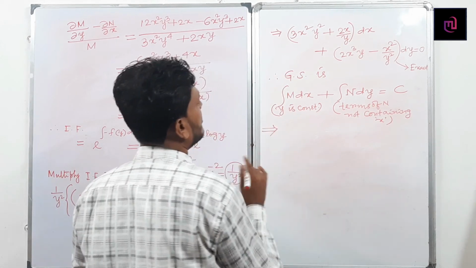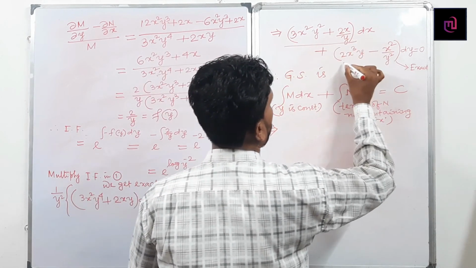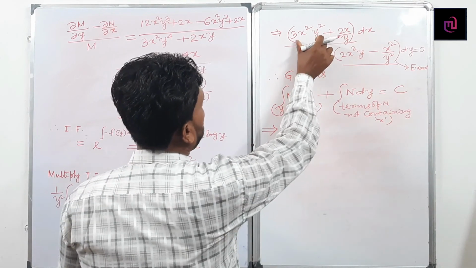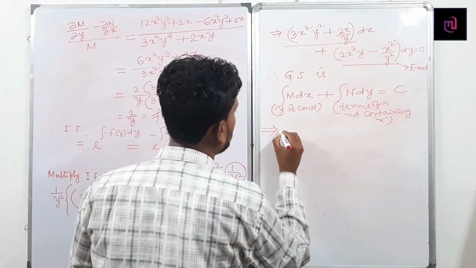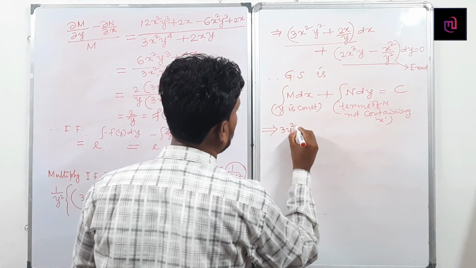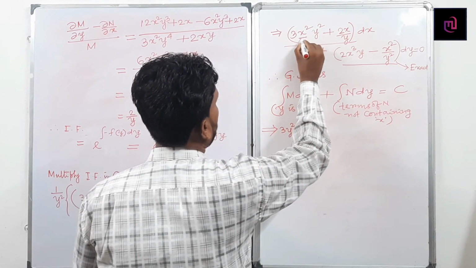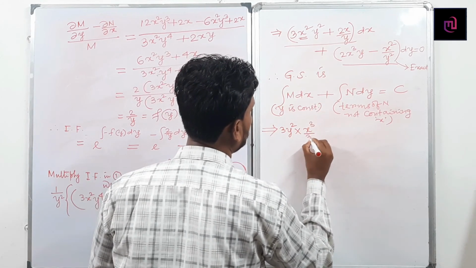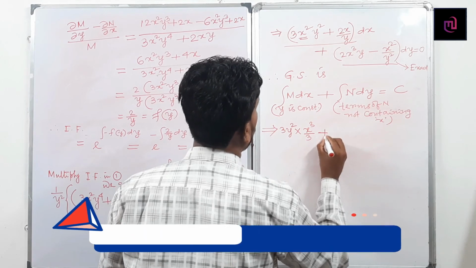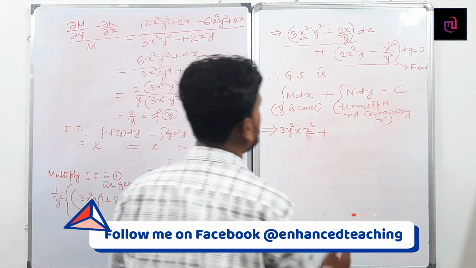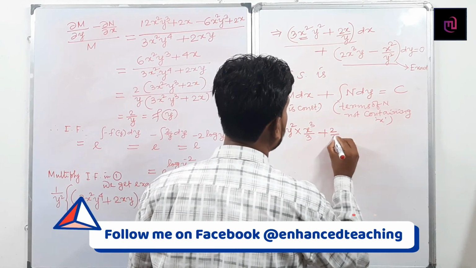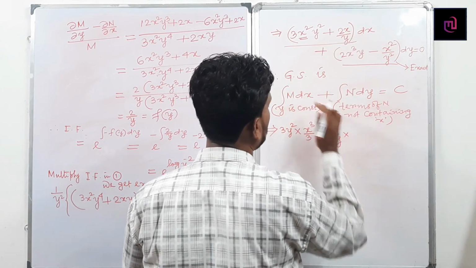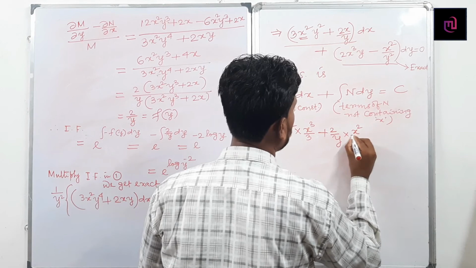So what is M? M becomes this part, N becomes this part. In M dx, 3y square becomes constant, integration of x square dx becomes x cube by 3, plus 2 by y is constant, integration of x dx becomes x square by 2.